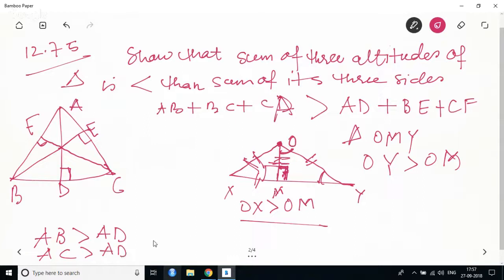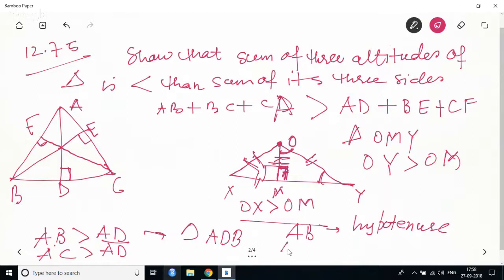Obviously, in triangle ADB, AB is the hypotenuse and AD is the perpendicular, so the hypotenuse will always be greater than the perpendicular.